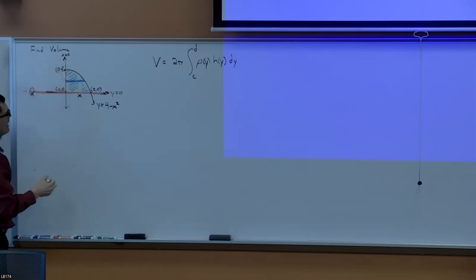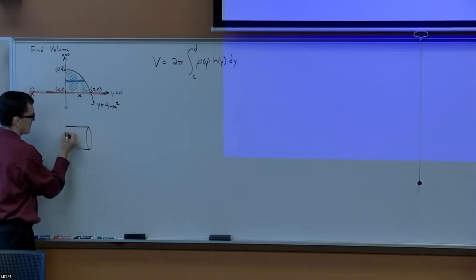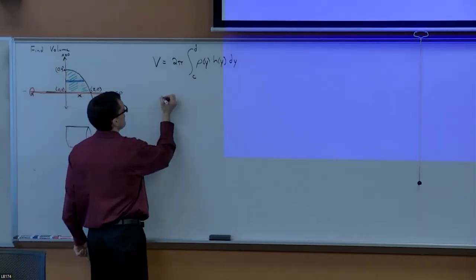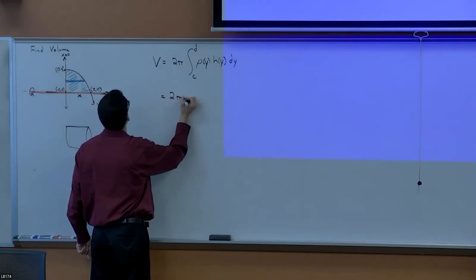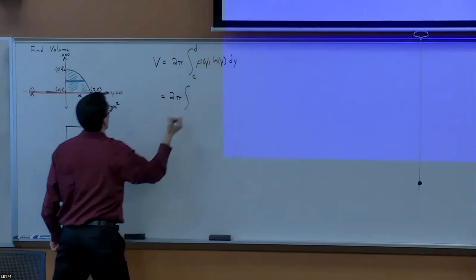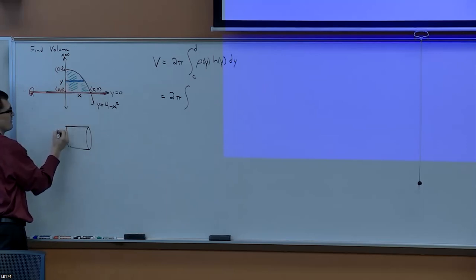And so I'm creating shells that essentially look like little cylinders, right? Just like we had before. The radius in the shell method is going to be from some arbitrary height down to the line I'm rotating around.